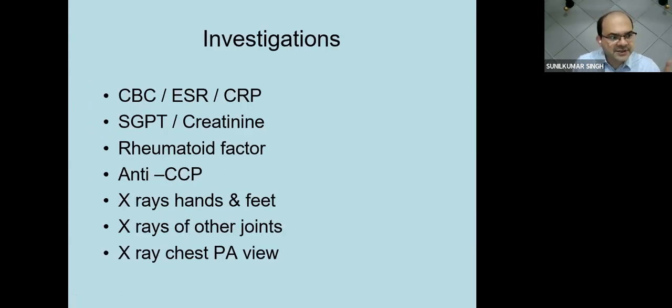So with this clinical picture, the last 5 minutes I'll spend on the classification criteria and the diagnosis. And I'll skip these slides, which initially I thought I would want to cover. This one slide tells you the basic investigations that we do as clinicians to make a diagnosis supporting the clinical diagnosis of rheumatoid arthritis.